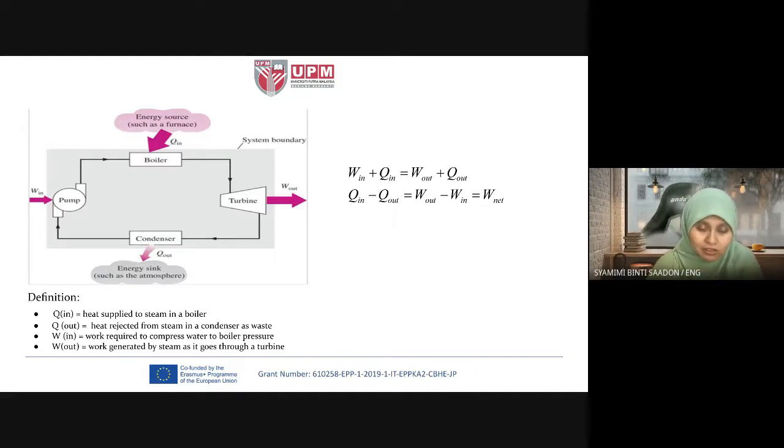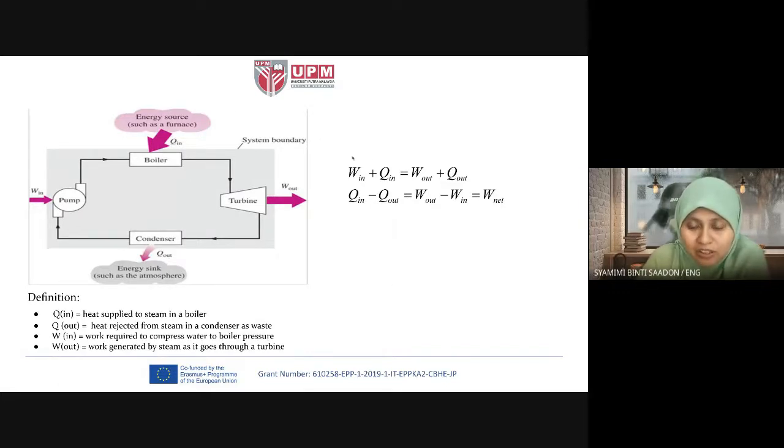Okay, so the first law of thermodynamics. From this basic thermodynamic cycle, we have the first law of thermodynamics, the energy balance. Here we neglect the kinetic energy, potential energy, etc., so we only have work and Q, heat rejected and heat supplied.